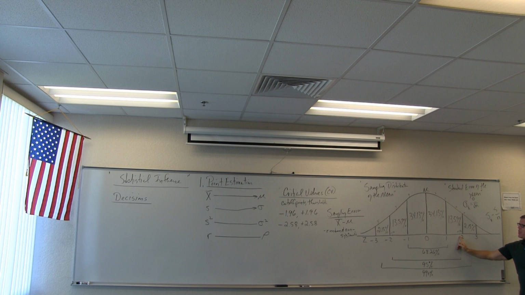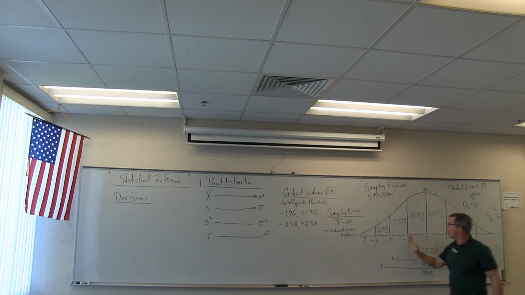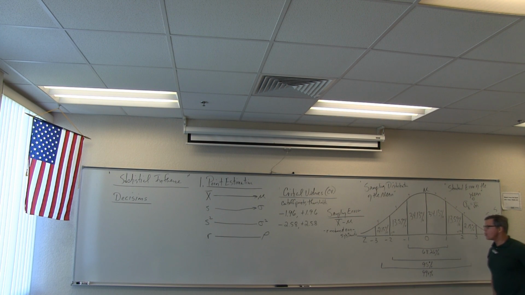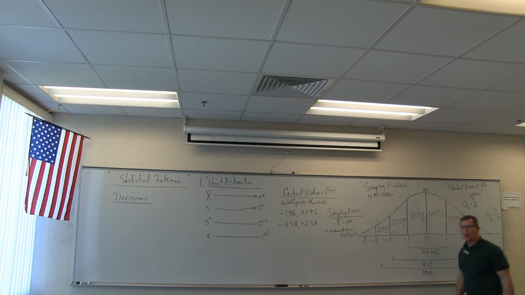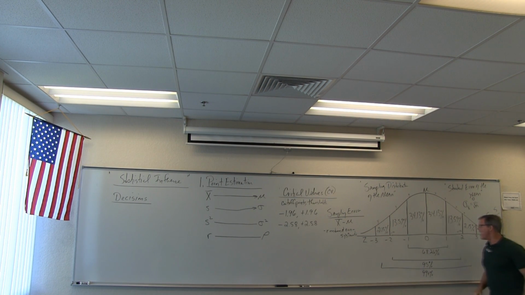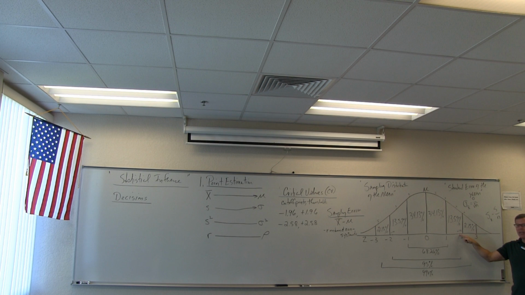If you go to a z of negative 1.96 in your z-tables, you're going to see the number 0.0250. That's 2.5%, isn't it? That's telling us 2.5% of the area falls from here back. 97.5% of the area per your z-table falls from here back. Of course, 2.5% falls from here to here.